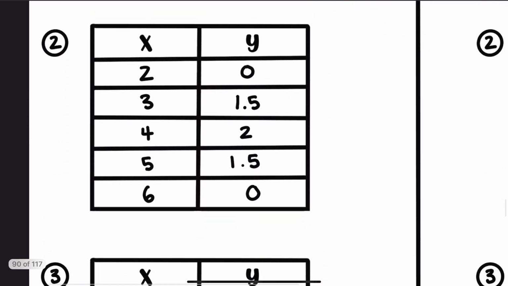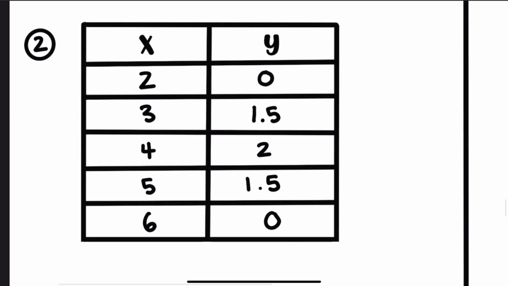So let's take a look at number 2 then. I'm looking for y values that are equal to 0. So here I have one, and that's attached to my 2 over here. So that's going to be one of our answers. So I'll do x equals 2.